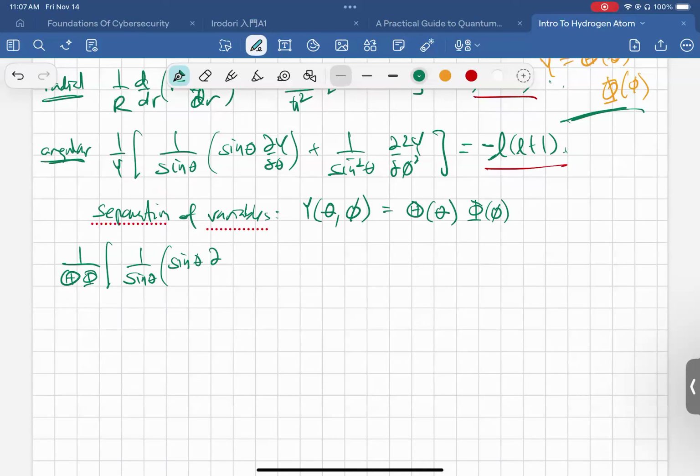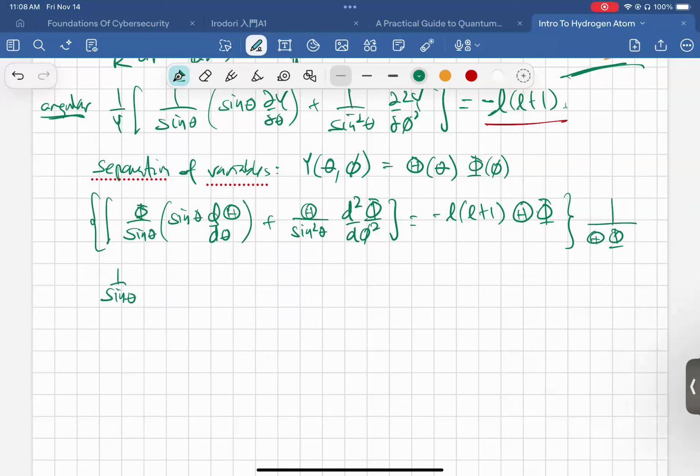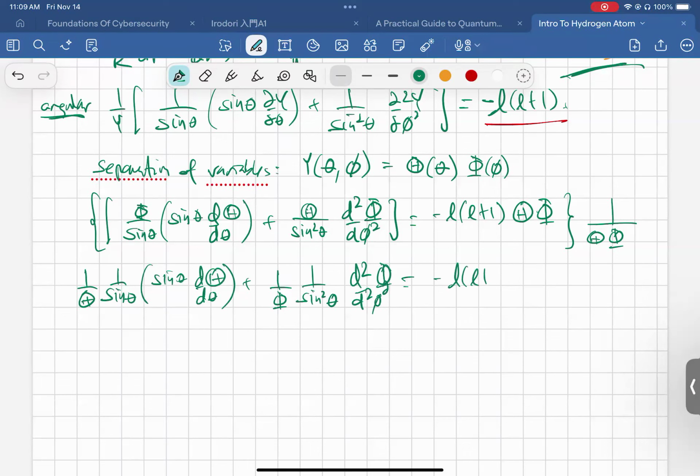Okay, so what we'll end up with is 1 over sine theta, tapos 1 over capital theta, and then sine theta, d theta, plus 1 over capital phi, sine squared theta, d squared phi, equals to negative L times L plus 1.